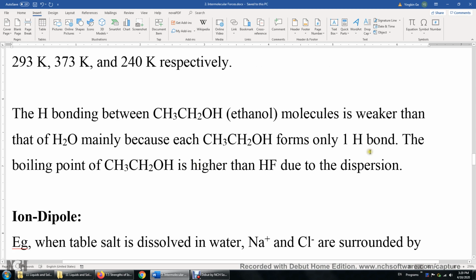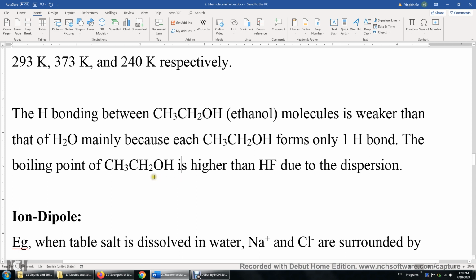But if we compare ethanol and hydrogen fluoride, this ethanol has a higher boiling point. This indicates the hydrogen bonding between 2 ethanol molecules is greater than the hydrogen bonding between 2 hydrogen fluoride molecules. Why is that?